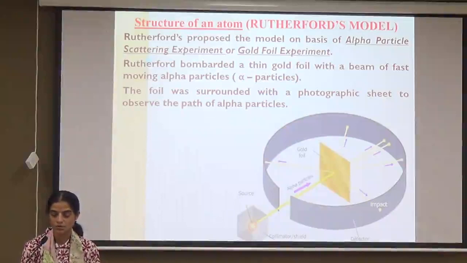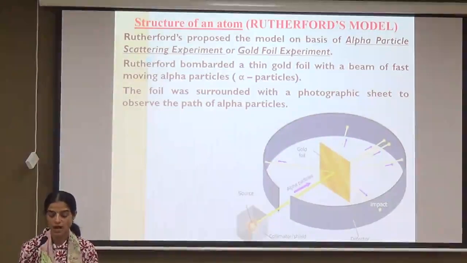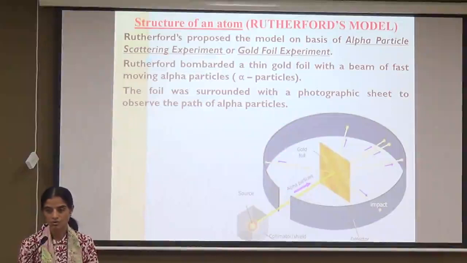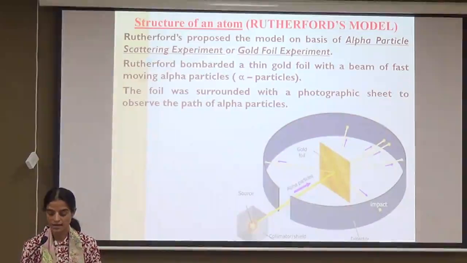Rutherford proposed that whenever we pass highly energetic alpha particles through a very thin gold foil, we see that the alpha particles pass through the gold foil and we see three types of rays moving across. In this diagram, we have the gold foil, which is surrounded by a photographic sheet to observe the path of alpha particles.